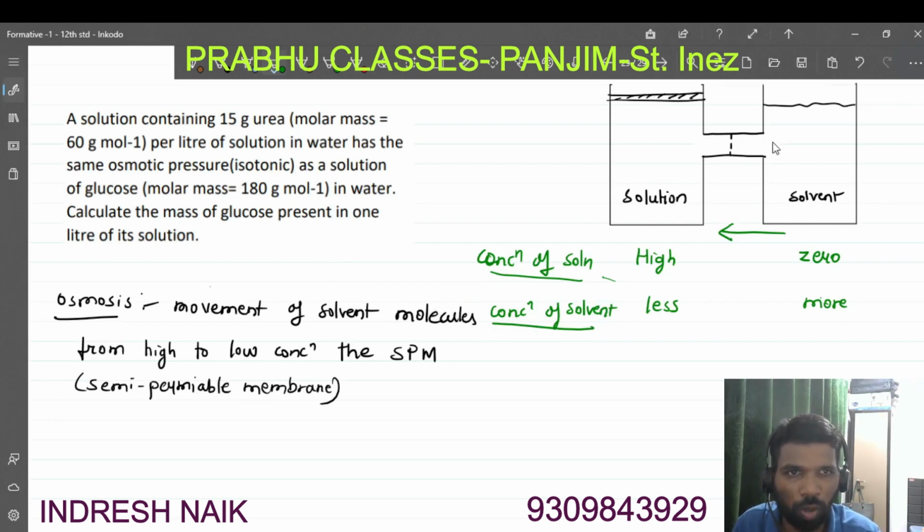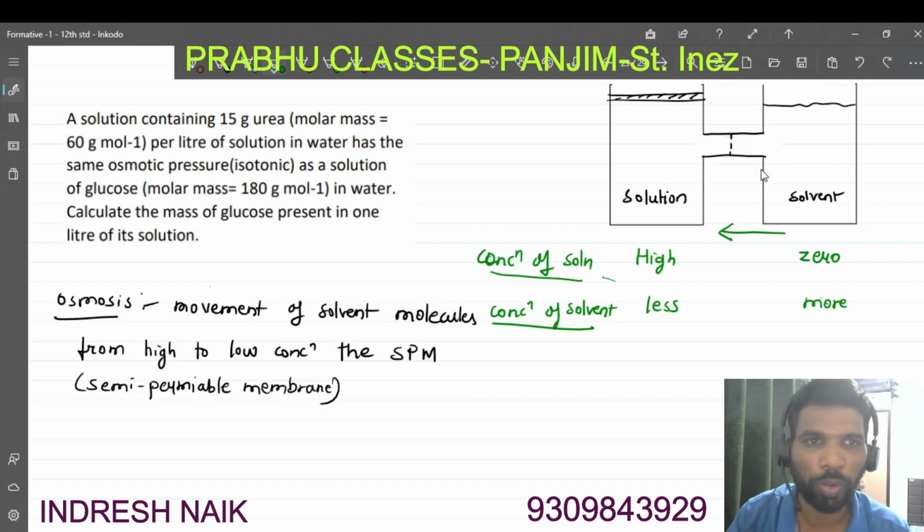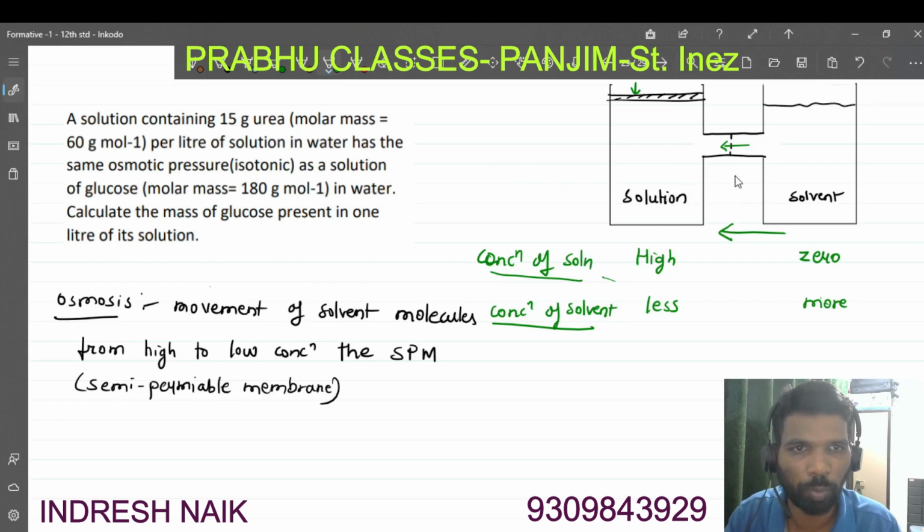And if this solvent is moving in this direction through a semi-permeable membrane, then the level is going to go up. The minimum pressure required to just stop this osmosis is called osmotic pressure. The more the concentration of the solution, the more solvent will move, and the difference in the concentration of the solvent in both chambers will be more.